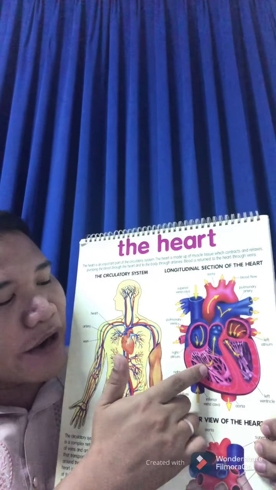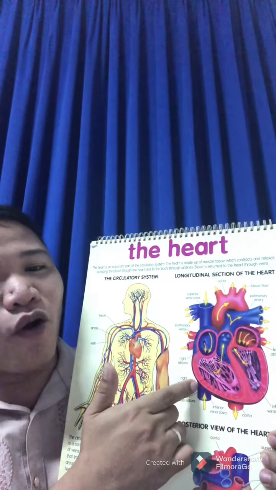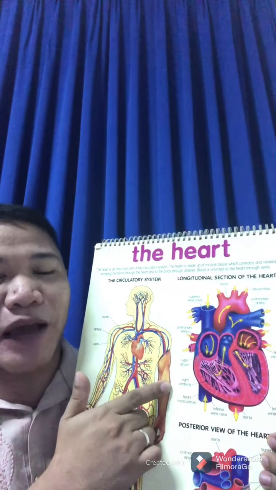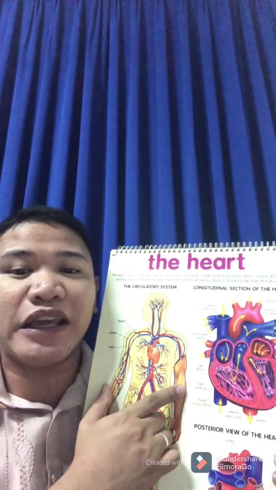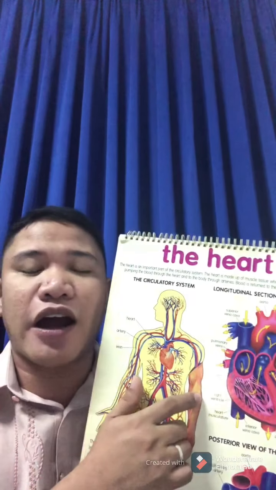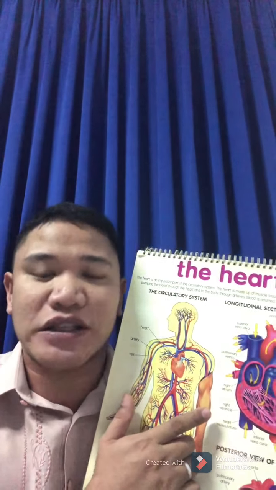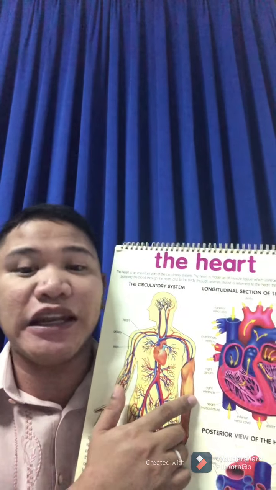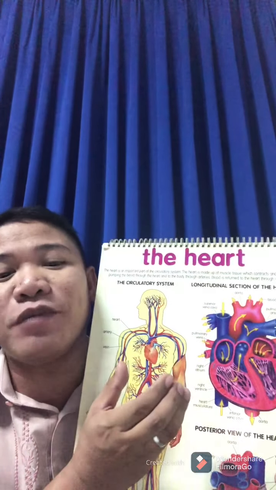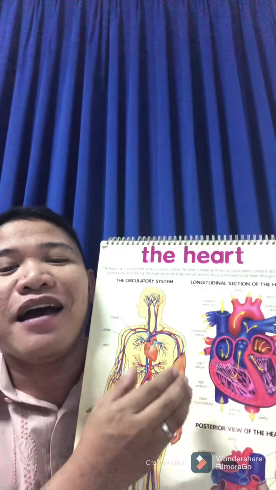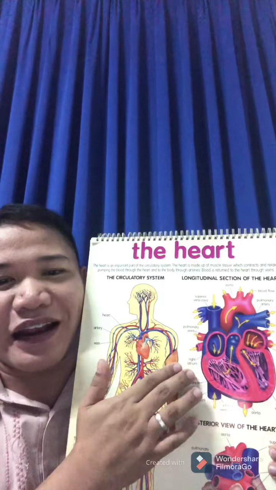Then, after doon sa right ventricle, it will now go into the lungs by the use of the pulmonary artery. The pulmonary artery is the only artery in the body that carries unoxygenated blood. Meaning, walang oxygen na dumadaloy doon sa pulmonary artery.